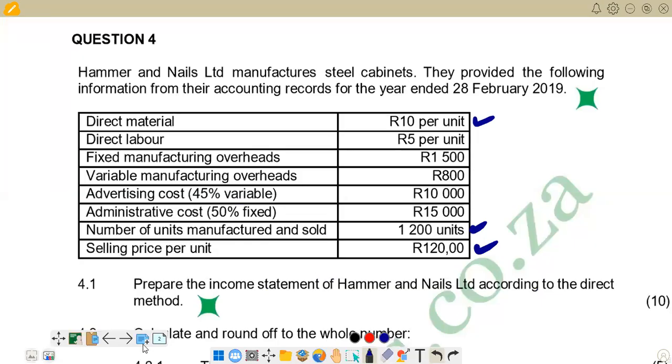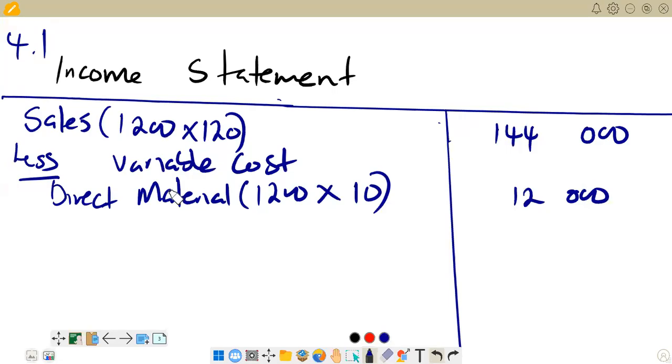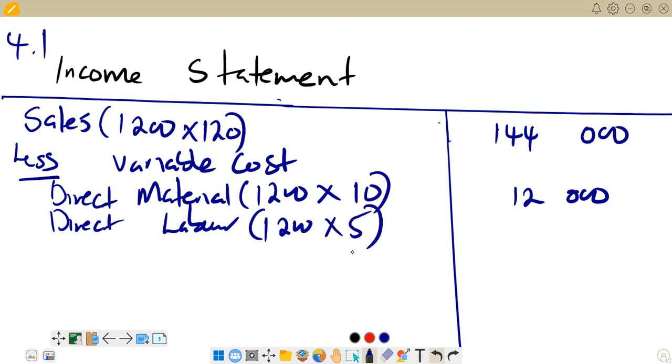So we come here and put that figure. That is direct labor. Remember, we have the same number of units, 1,200, multiplied by 5, which is direct labor per unit. If you multiply that one, you get 6,000. That's what we have in terms of direct labor.